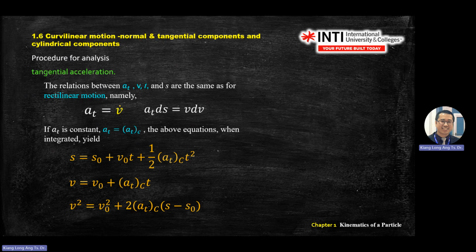If your a equals 3t, then you cannot use this one, because your a is changing. If after you differentiate dv/dt you get one number, then you can use the three Newton equations. If you differentiate and get 3t plus 3, then you cannot use this one. You can substitute the value inside there.